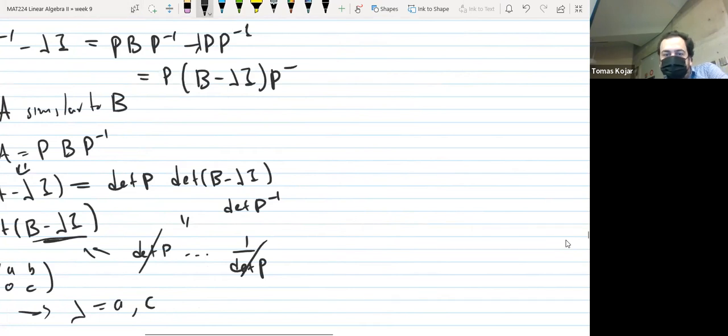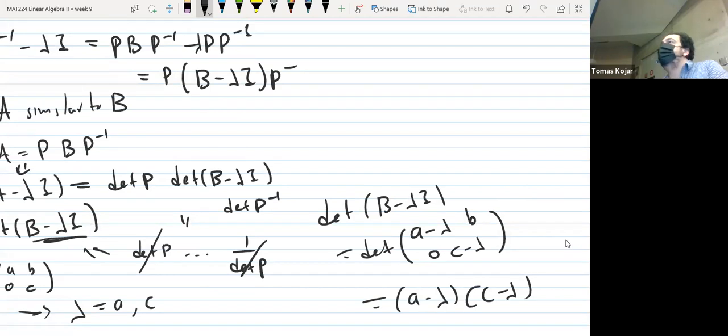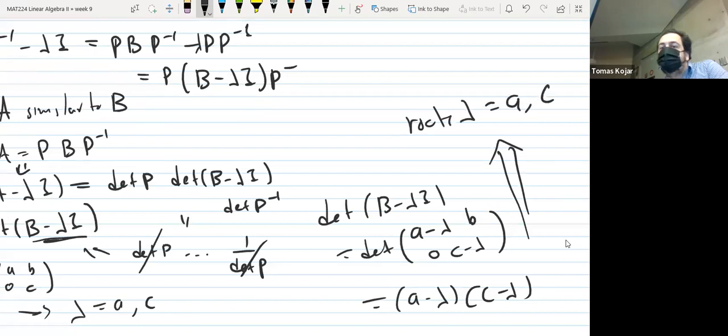Let's do it. So determinant of B minus lambda I is the determinant of [[a minus lambda, b], [0, c minus lambda]], which is (a minus lambda)(c minus lambda). So the roots of the characteristic polynomial are lambda equal to a, c.